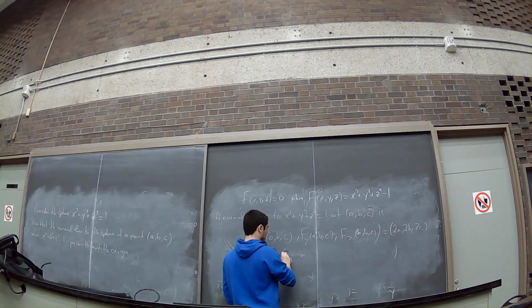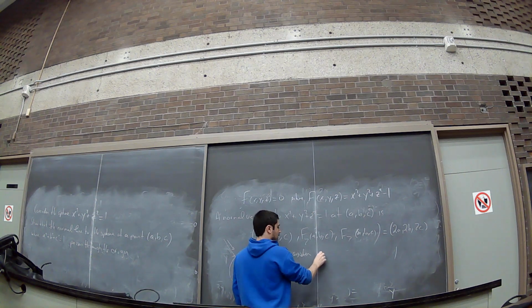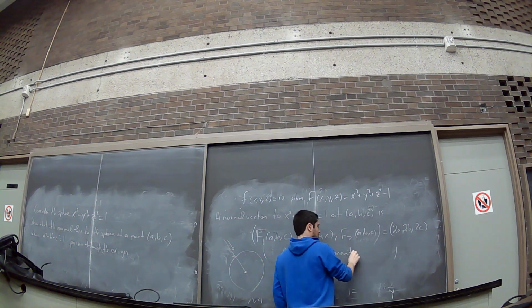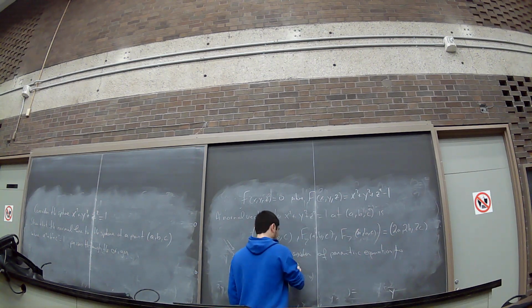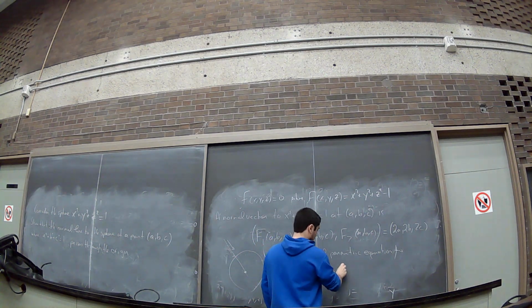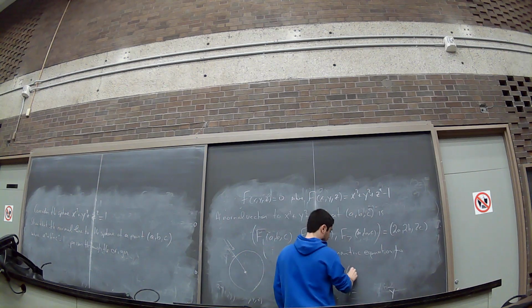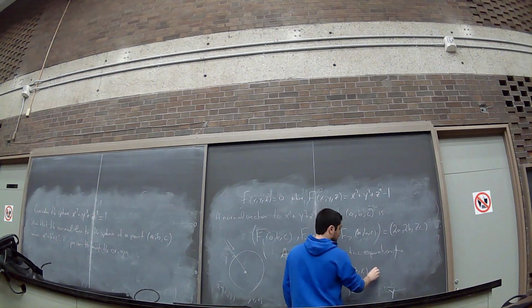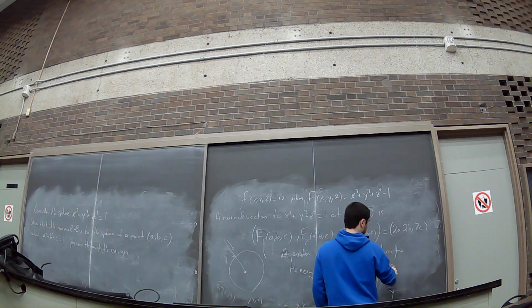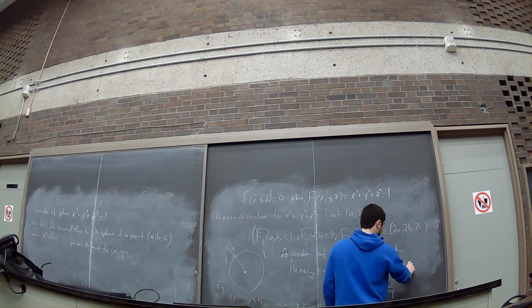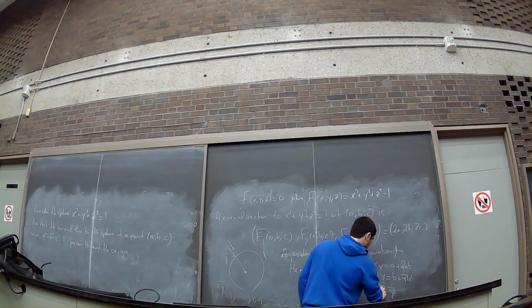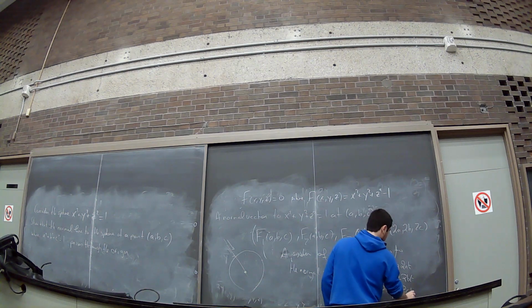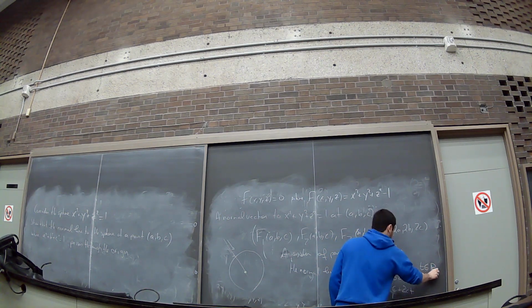A system of parametric equations for the normal line through (a, b, c): x is a plus 2at, y is b plus 2bt, and z is c plus 2ct, where t is a real number.